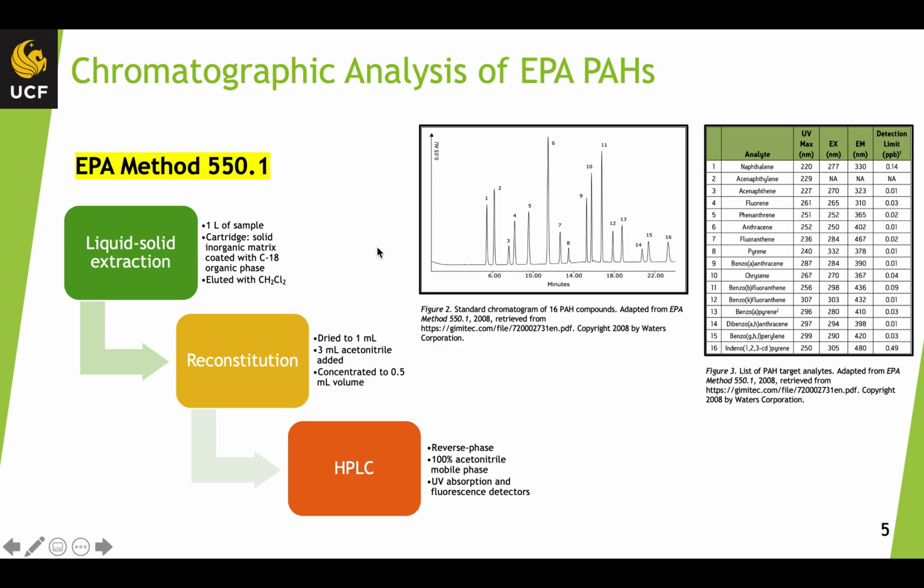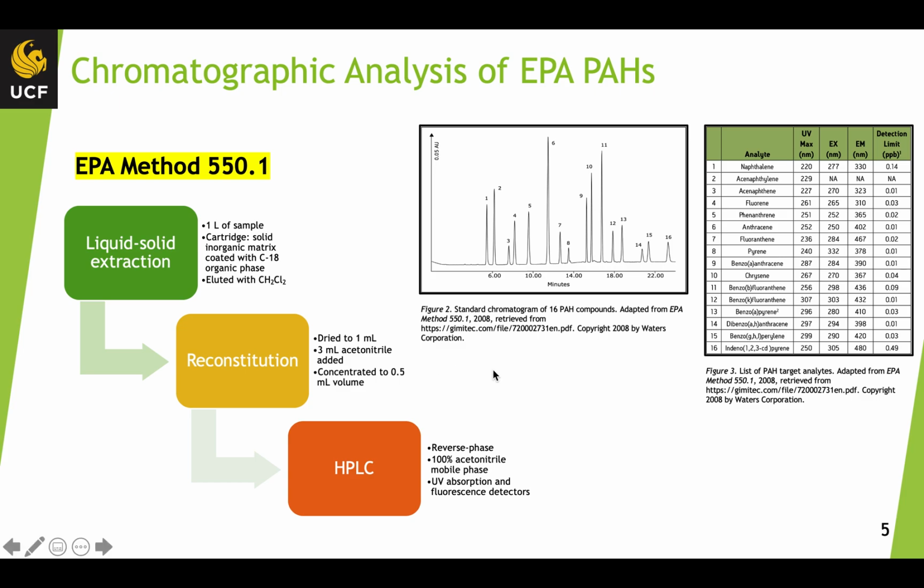So a liter of sample is passed through a solid inorganic matrix cartridge coated with a C18 organic phase. The sample would be eluted with methylene chloride and later reconstituted. So it would be dried to 1 milliliter, a couple of milliliters of acetonitrile is added, and then the final volume of the sample that will be injected into the HPLC will be about 0.5 milliliters.